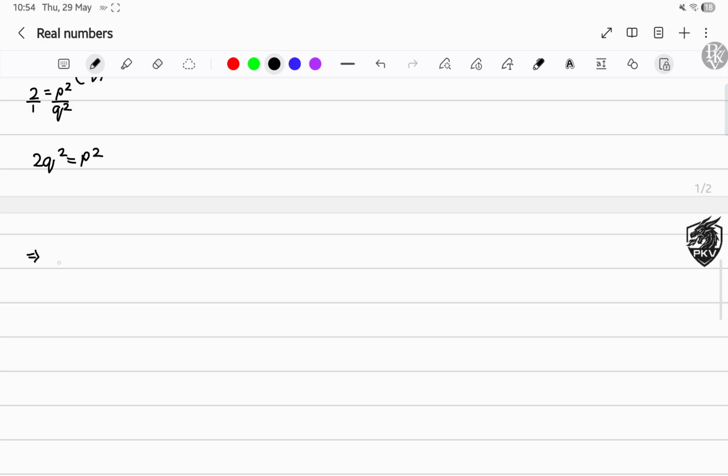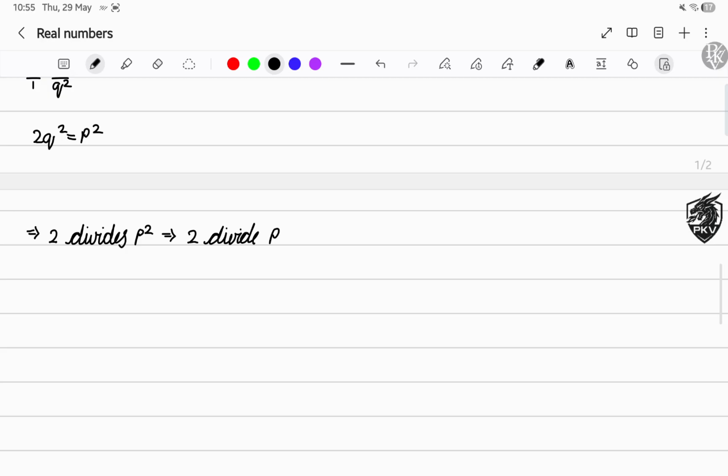What does this mean? This means that 2 divides P square. If 2 divides P square, this means that 2 divides P. It's mandatory.